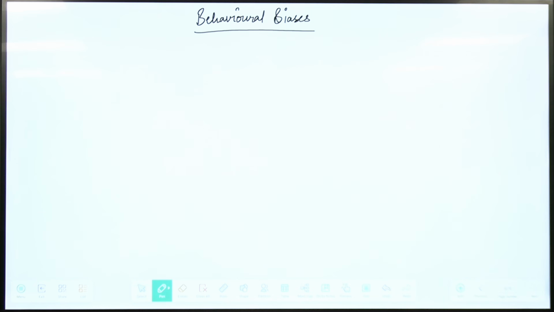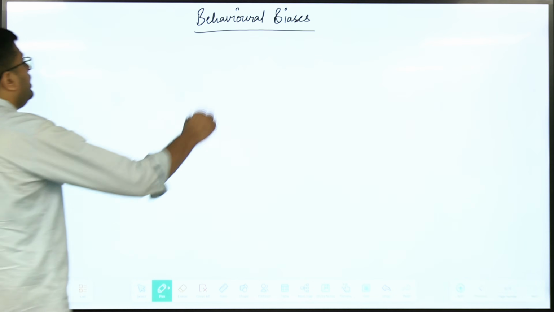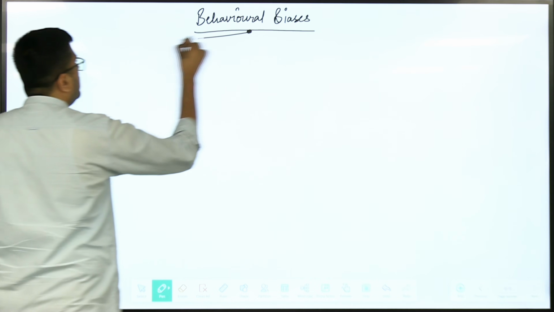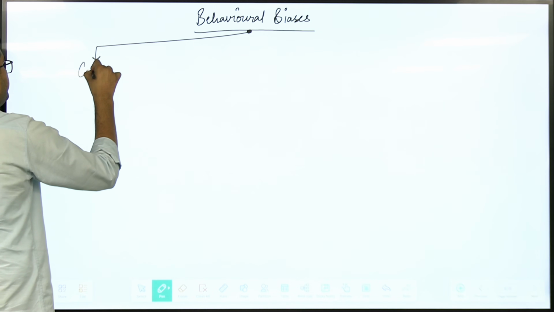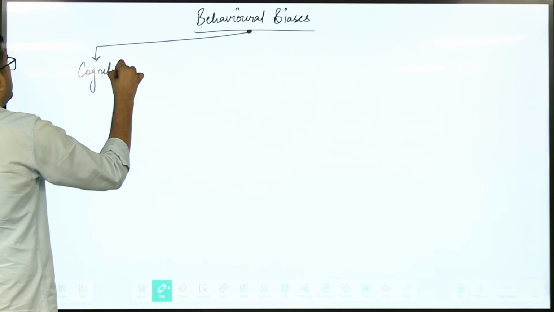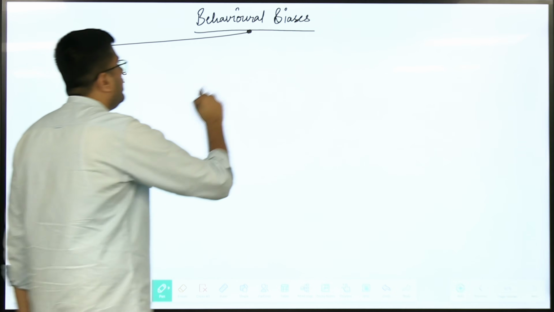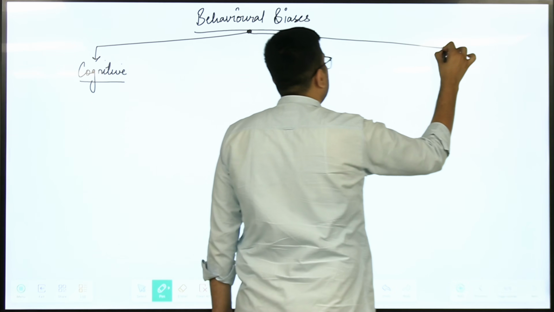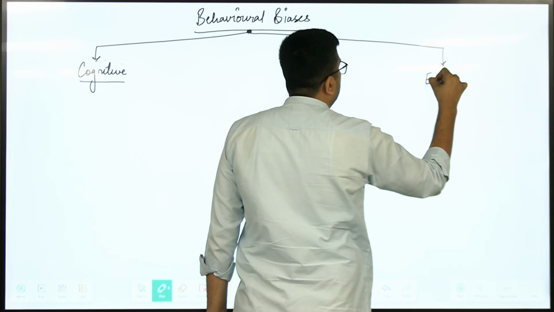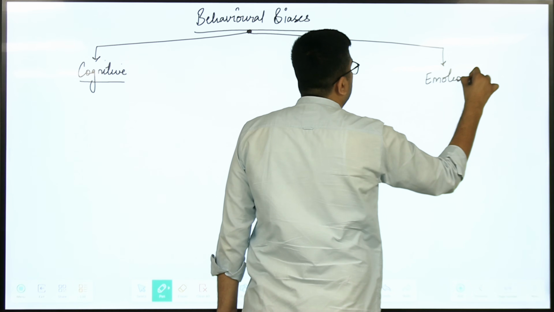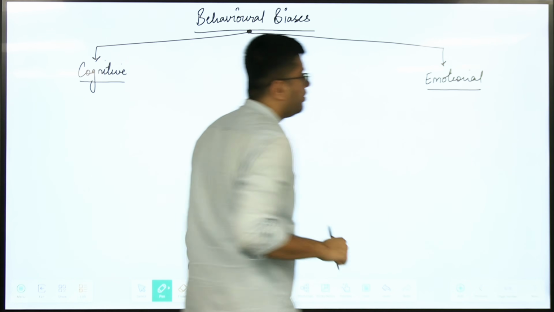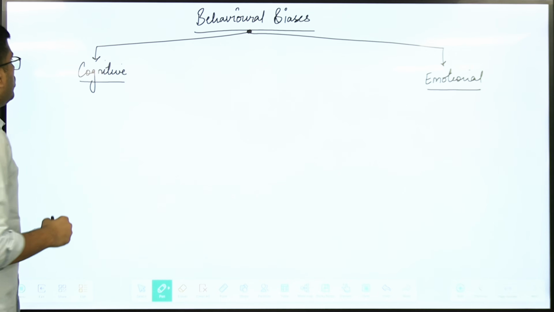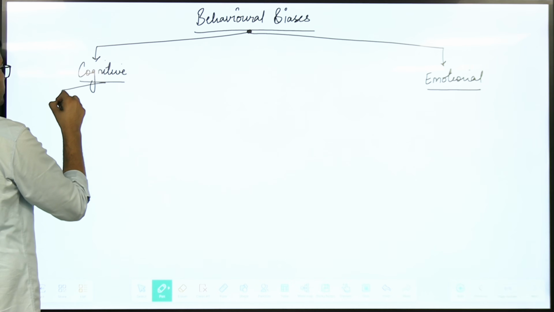this chapter. So when we talk about behavioral biases, there are two types of biases: cognitive and emotional. And within cognitive, we have two further categories.